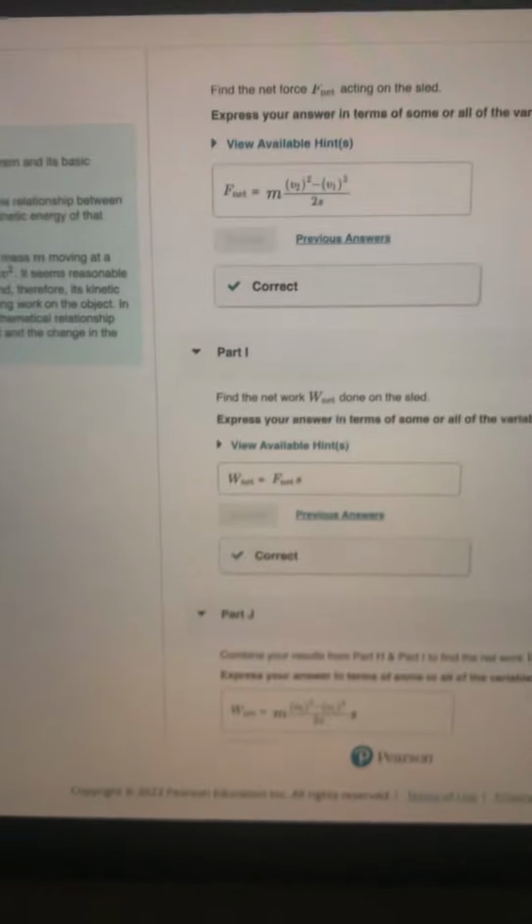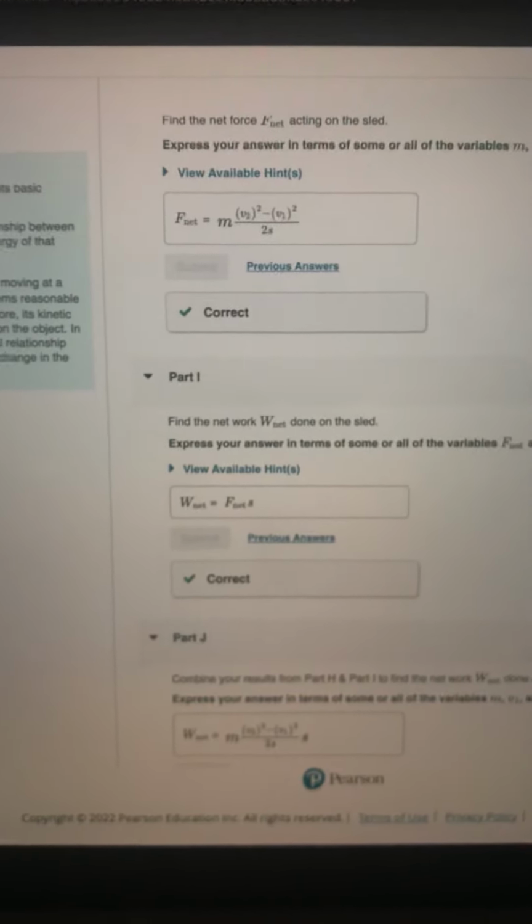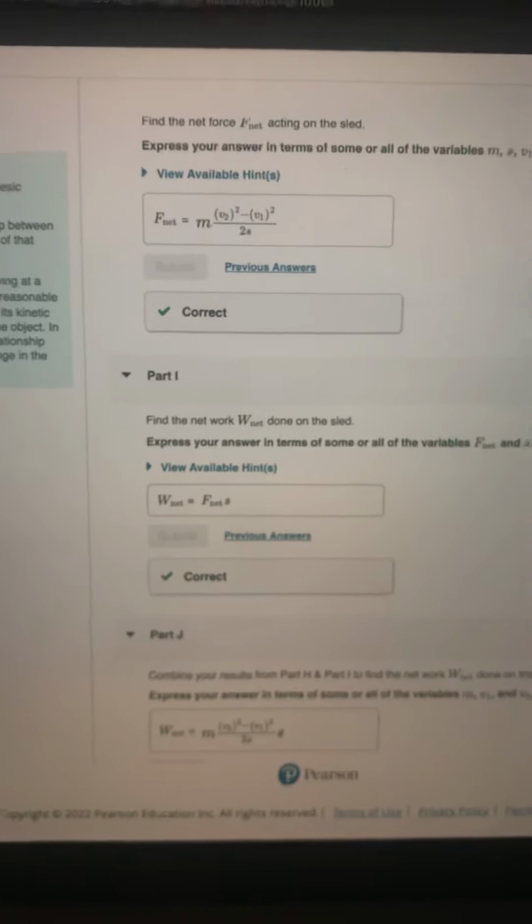Now, for the problem, what goes after H? For I, we have find the net work done on the sleigh. The net work done on the sleigh is just F net times displacement.